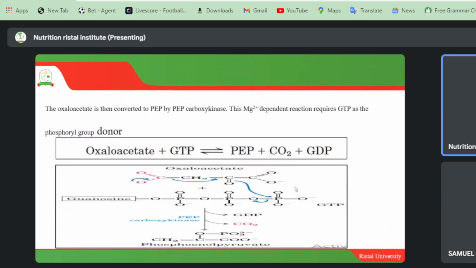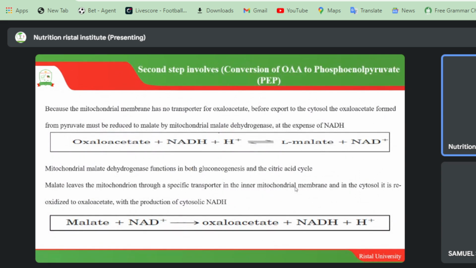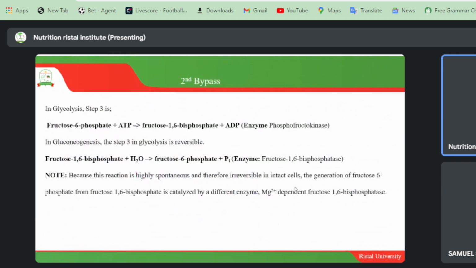Hopefully we are not lost. Our second bypass, which is right here, where fructose 6-phosphate is converted to fructose 1,6-bisphosphate, and this is where we have the phosphofructokinase enzyme in glycolysis. Now in gluconeogenesis, this step is irreversible, just like the last step that I talked about, so it needs a bypass.